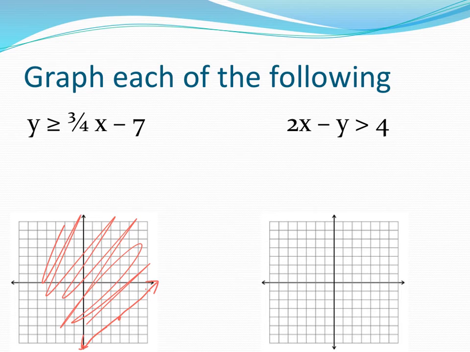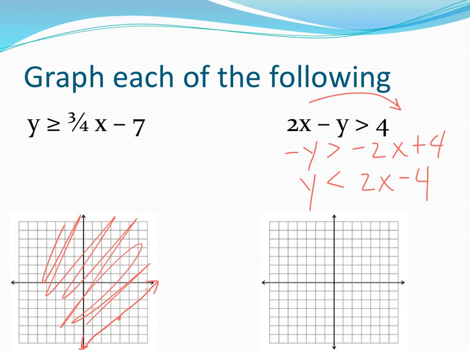So greater than or equal to my line, y-intercept of -7, up 3 over 4 for my slope, including, because it's equal to, so a solid line. Same thing with the next one. Maybe try copying this one, pause, and then go ahead and try to graph. Now I'm not showing all my steps, but I subtracted the 2x over to the other side, divided everything through by -1, which changed all of the signs and it changed the direction of the inequality.